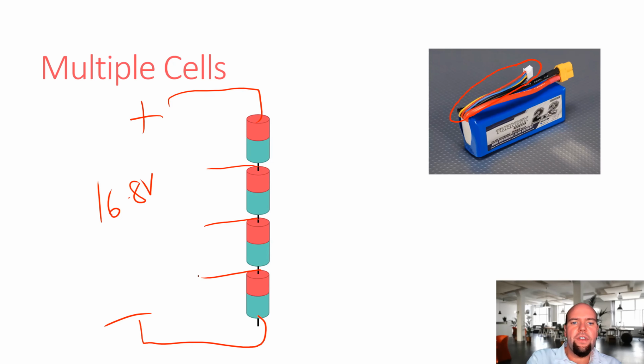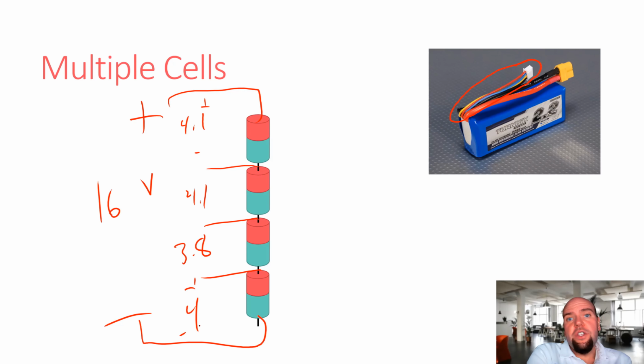Let's say we're doing constant current and we're down a little bit, just 16 volts. So this one you're getting 4.1, this one you're getting 4.1, this one you're getting 3.8, this one you're getting 4.